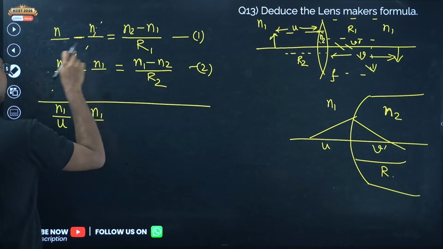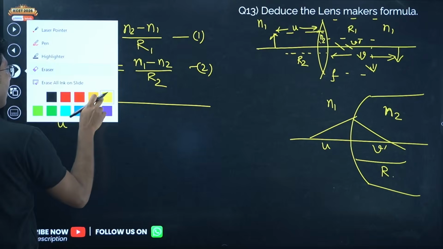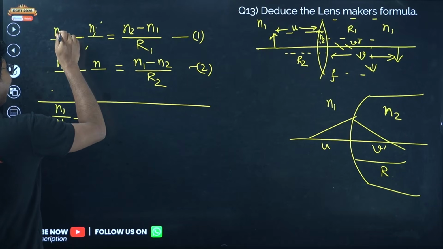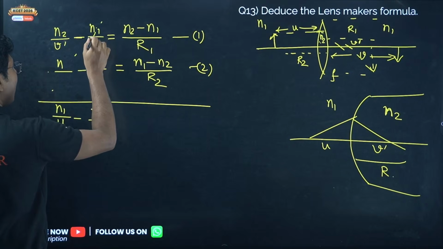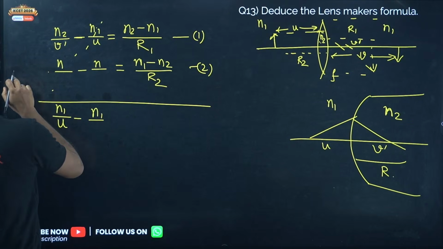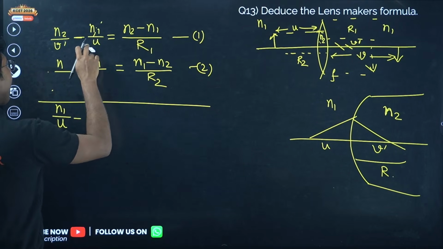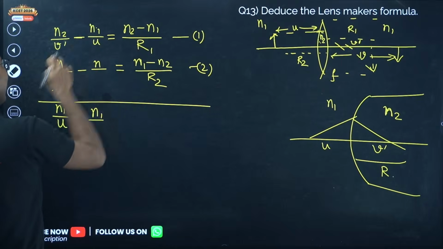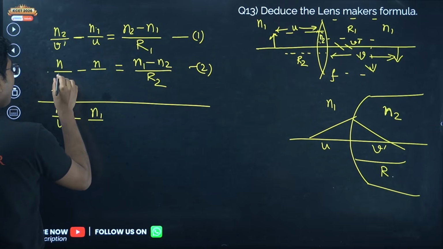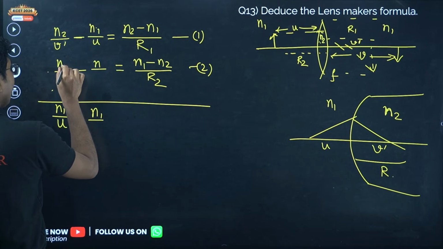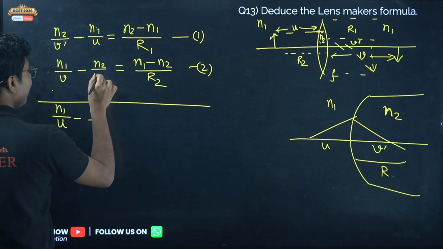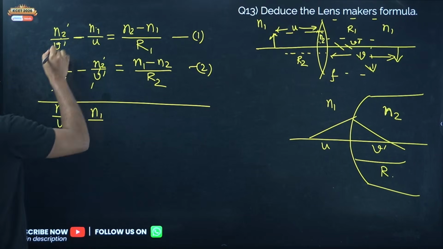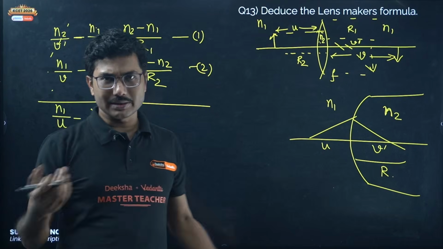So I made a mistake, extremely sorry. So it will be n2 by v dash minus n1 by u, and here it will be n1 by v minus n2 by v dash. Okay, so this and this will cancel, 1 by v minus 1 by u, that is the formula, right?